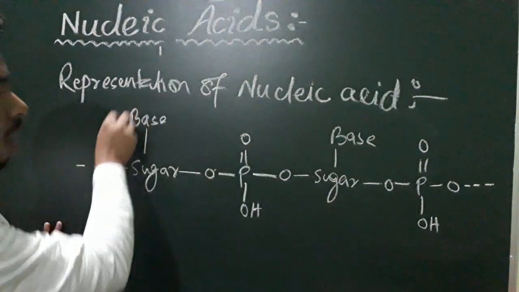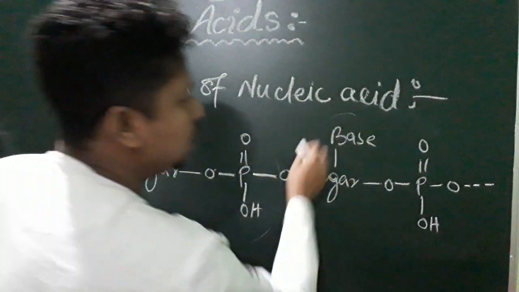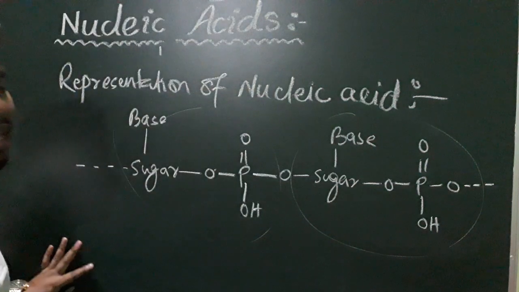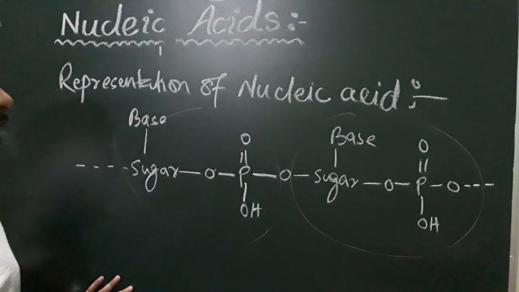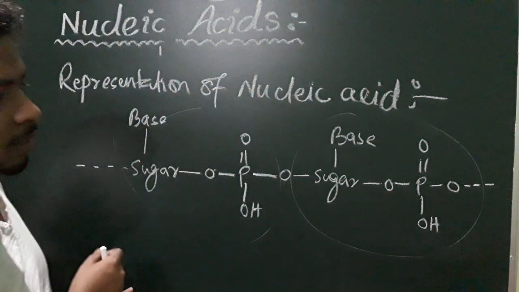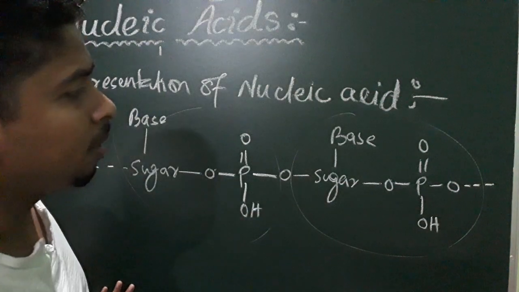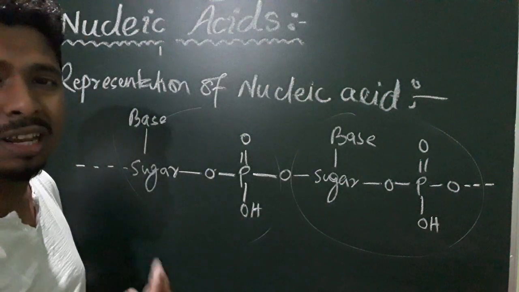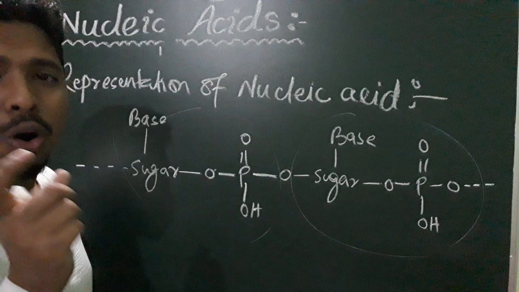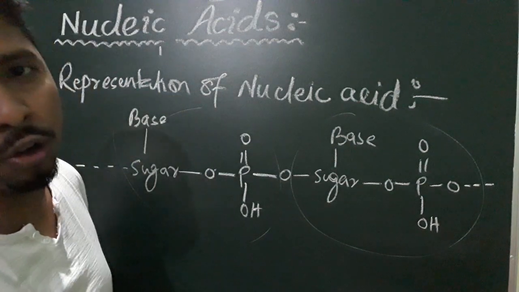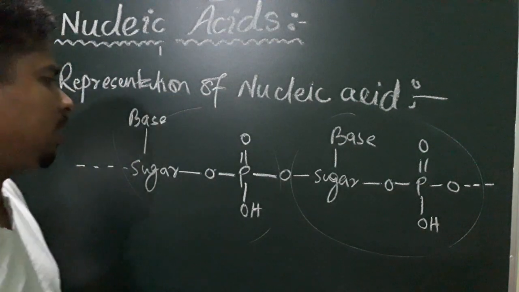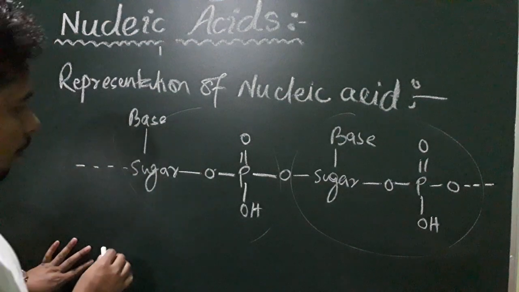A large number of these nucleotide units combine and give rise to nucleic acid. In this nucleic acid, the nucleotide molecules are linked with a bond, or linkage, and this linkage is called the phosphodiester linkage. Here you see this linkage.